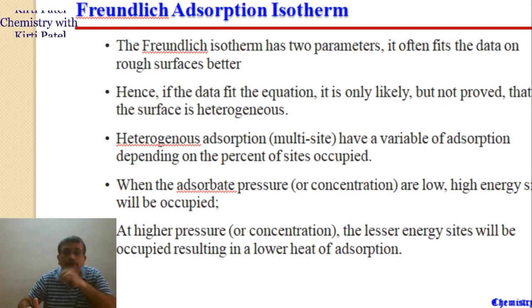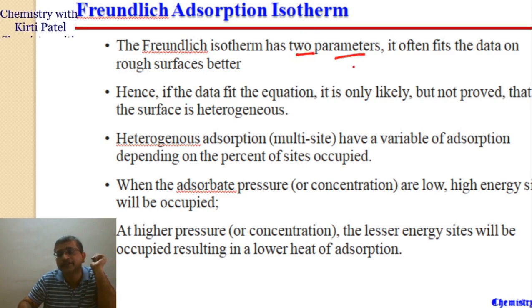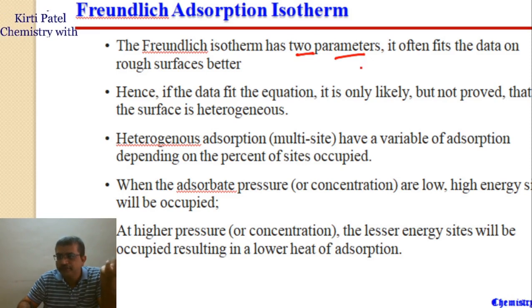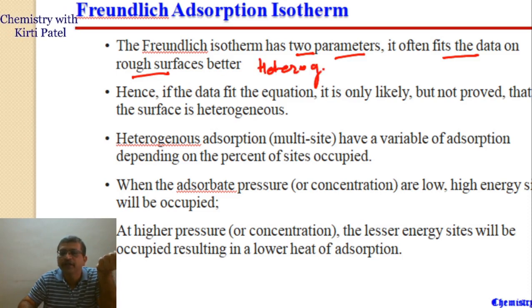But the Freundlich adsorption isotherm consists of two parameters, k and n. The two constants are there, and the variables are pressure and the amount of gas that is getting adsorbed, and it often fits data of rough surfaces. When the adsorption is taking place on rough or heterogeneous surfaces, it has been observed to fit very well.